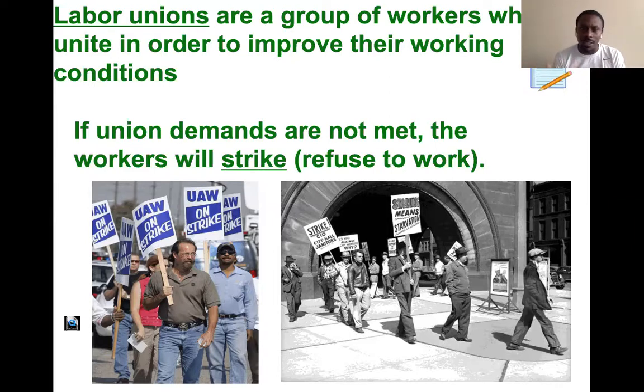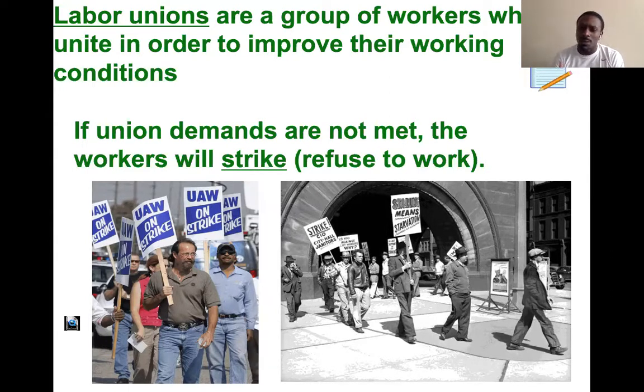If unions' demands weren't met, then they would simply strike, which is to refuse to work. Now, I say simply strike, but a strike is not simple at all. When you strike, you're not working, so you're not getting paid. So it takes some dedication. It takes some gall to step out and participate in a union strike.